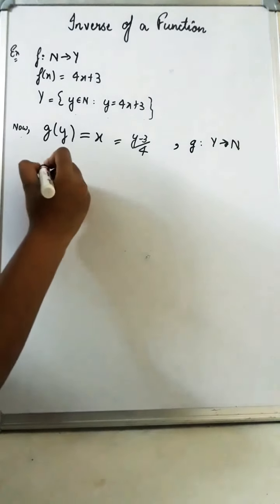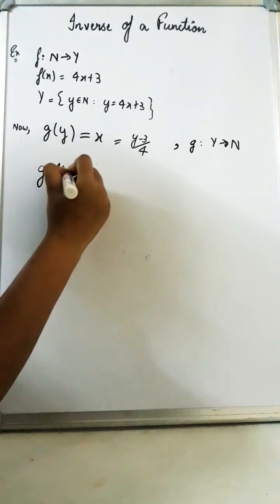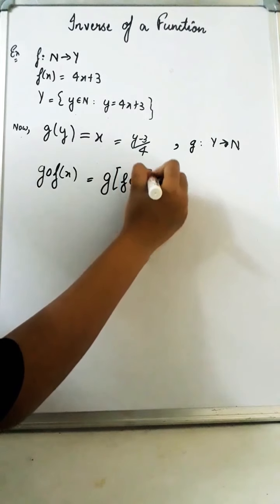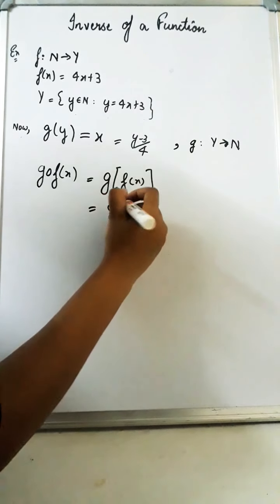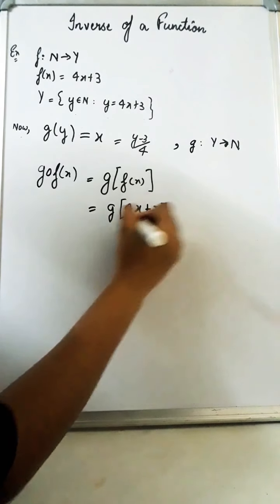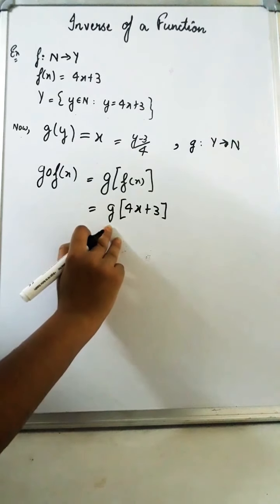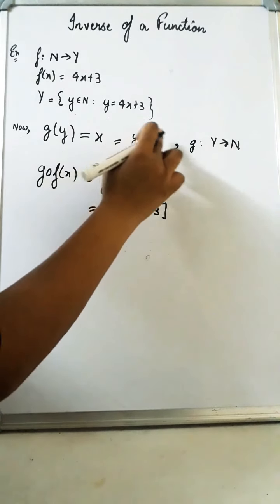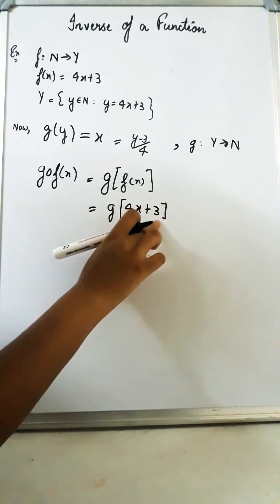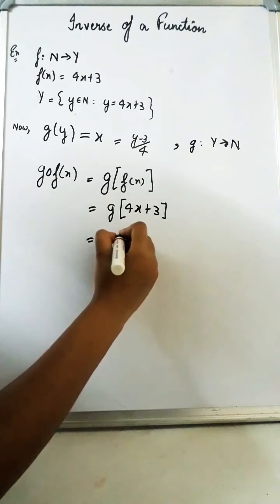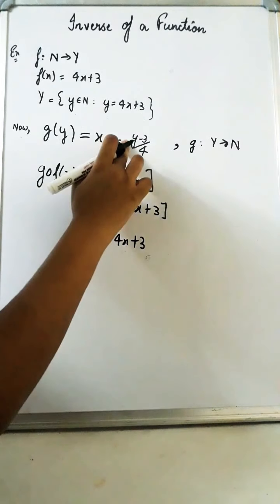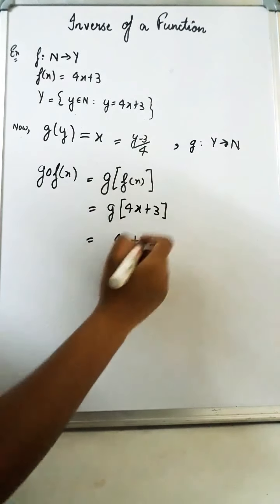Alright, okay, so let us find g of f of x now. What is it? g operated on the function f(x), right? So what is the function f here? Function f is 4x plus 3, right? Now what is the function g? g of y is (y minus 3) upon 4. So in the place of y, what are you going to put? 4x plus 3, in the place of y in (y minus 3) upon 4.